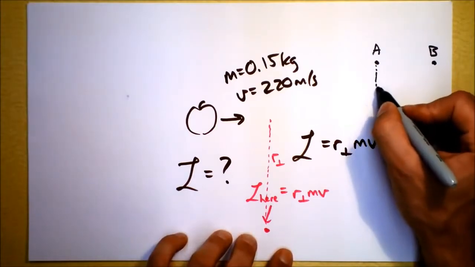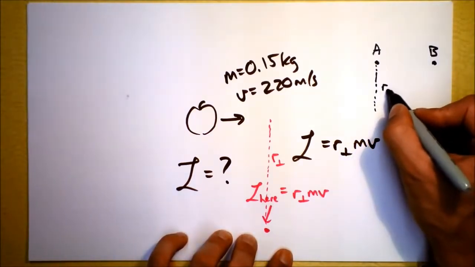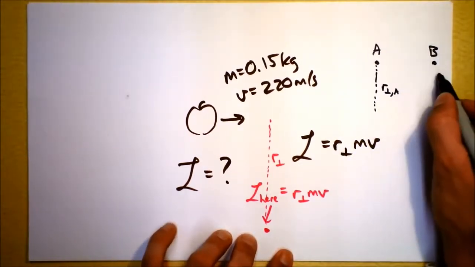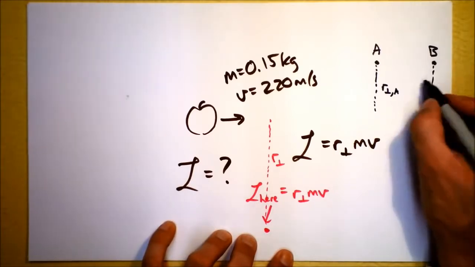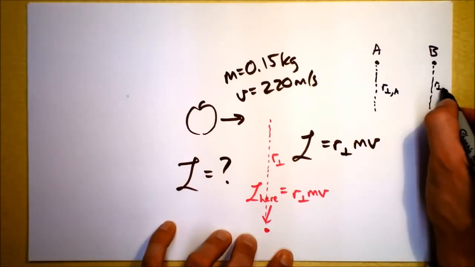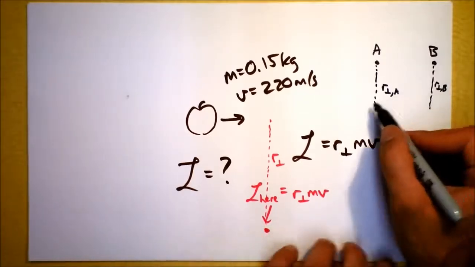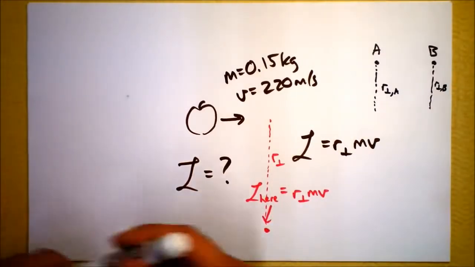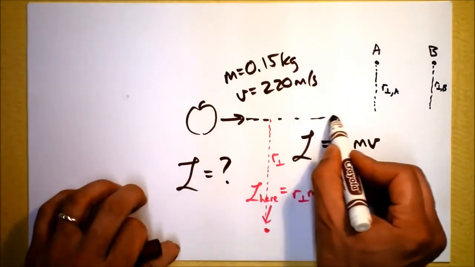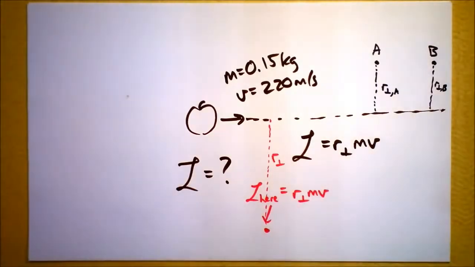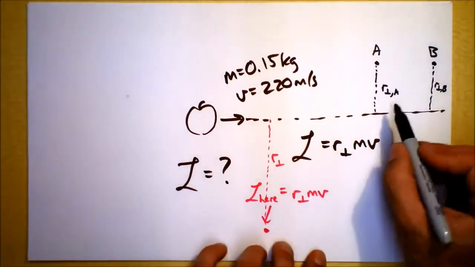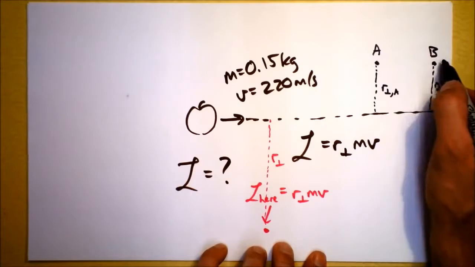This is the relevant distance, r perp A, and this is the relevant distance, r perp B. Notice, because we're talking about the normal distance away from the path the apple is going along, we are only concerned about the normal distance, so points A and B are the same.